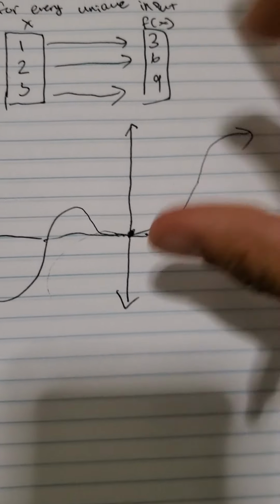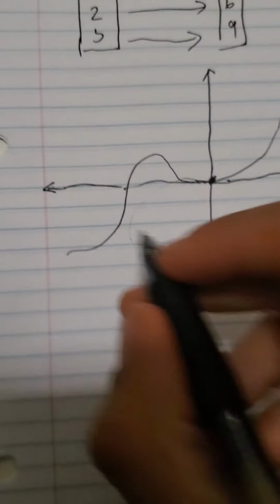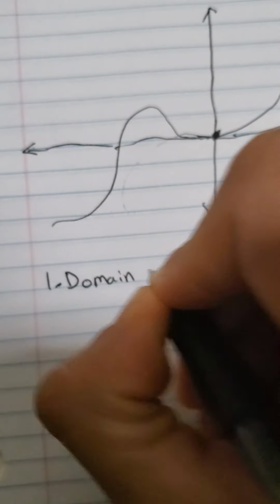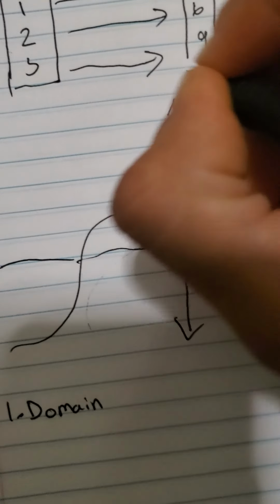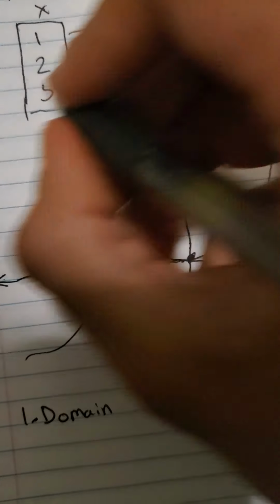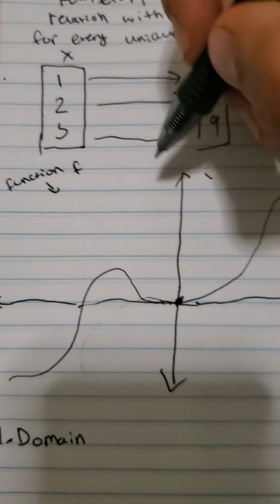All right, so the first thing we could find on a function is the domain. So let this graph be f, function f. Sorry guys, I'll try to write less crooked for you guys.